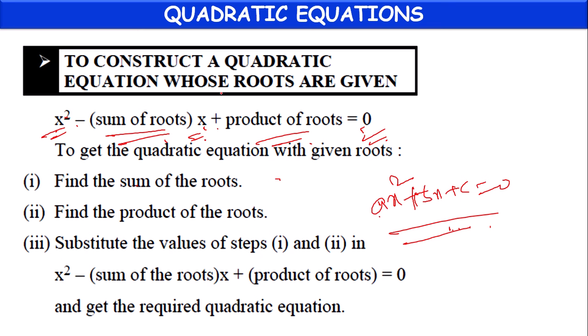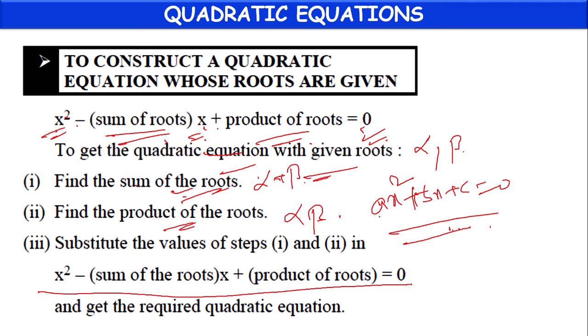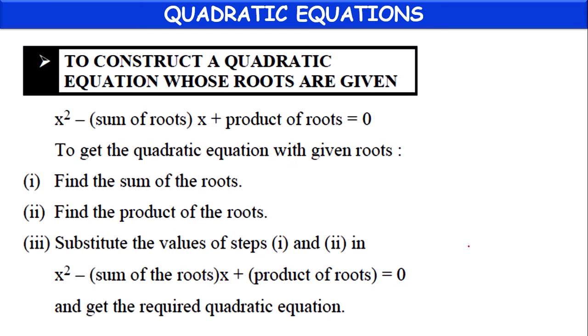It means to get a quadratic equation with given roots alpha and beta, first we have to find their sum alpha plus beta, then we have to find their product alpha beta, and then using this general form, x square minus (alpha plus beta) x plus alpha beta, we can get the required quadratic equation.